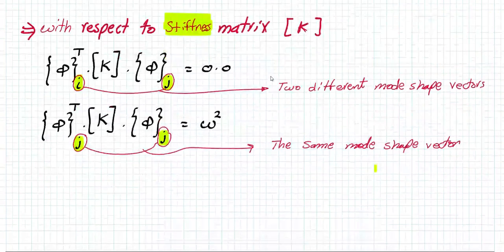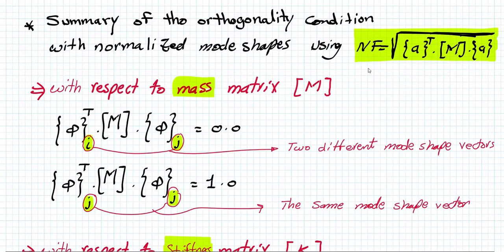So at the end we want to have this as the normalization factor, in order to obtain the orthogonality condition in a way that can help us in making the solution better and easier.